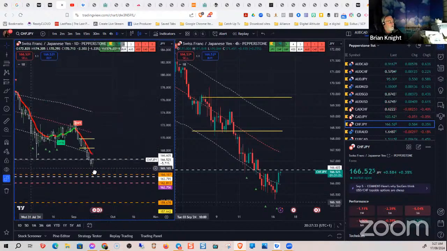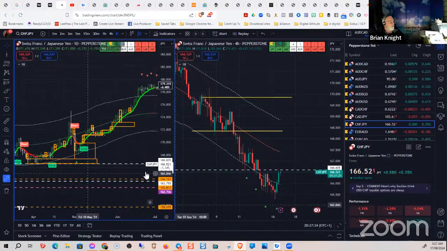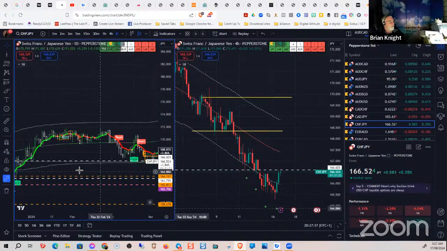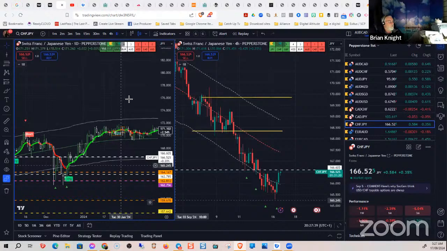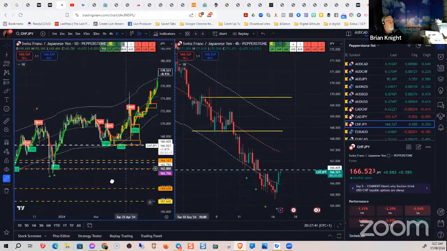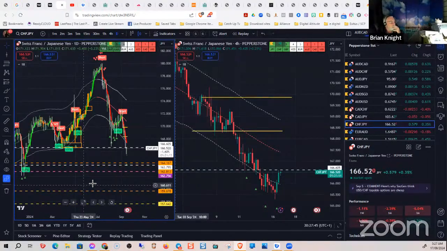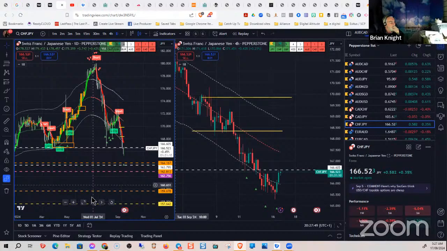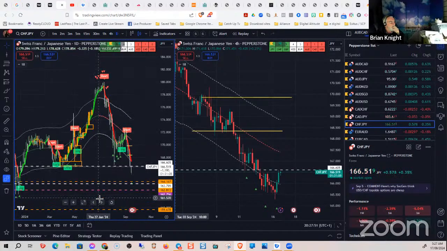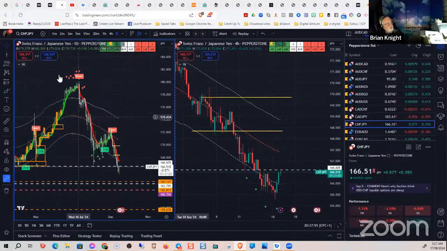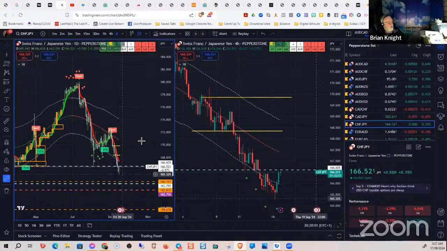No, not quite. It's got further to go. Got a little bit further to go, if it wants to. Look at that, we've got heaps of red triangles there. It pushes back down on the daily. Heaps of green, it comes up only to the middle and then drops back out again.